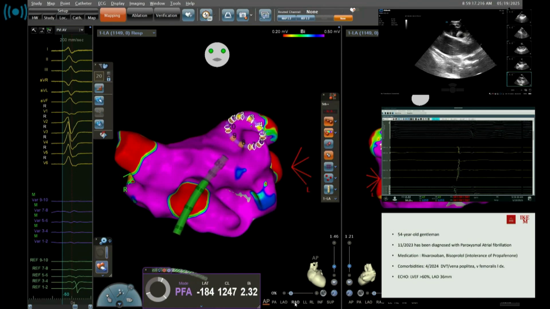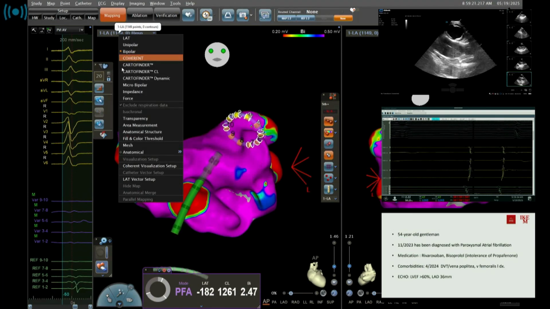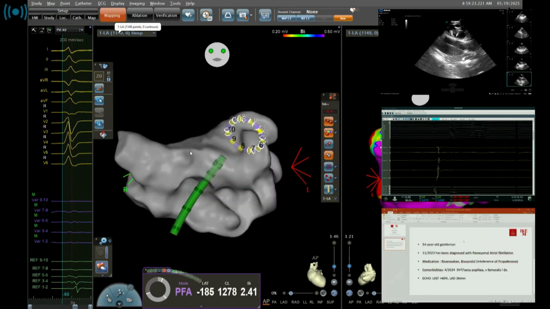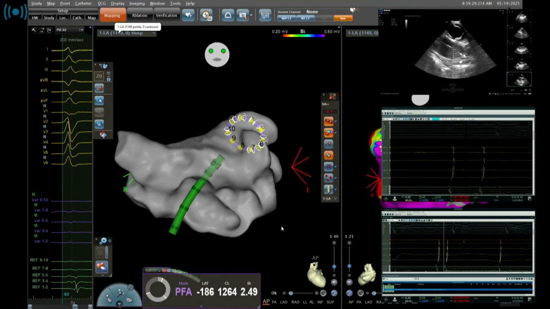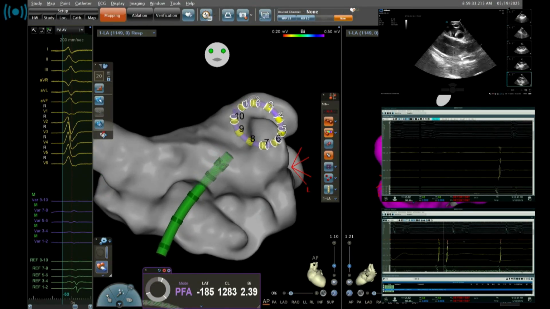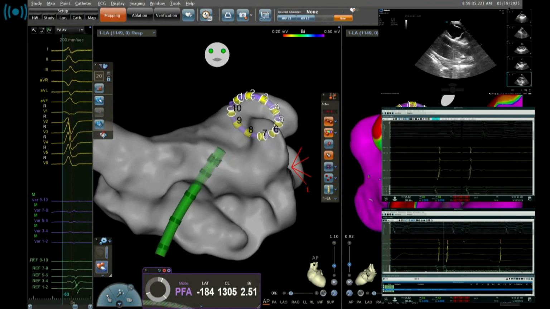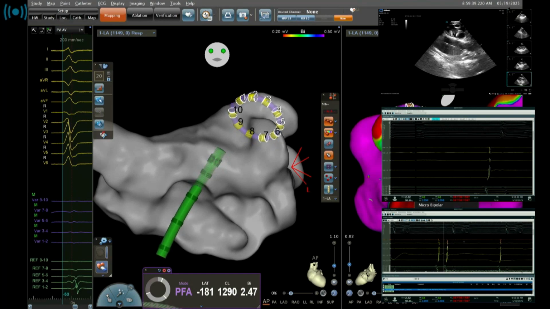We are ready to do the first application at the ostium of the left superior. As you can see, when the electrodes light up white, that means we have good contact. We do not have perfect contact on electrodes number 8 and 9, but we will do better when we do the antral one and when we rotate.